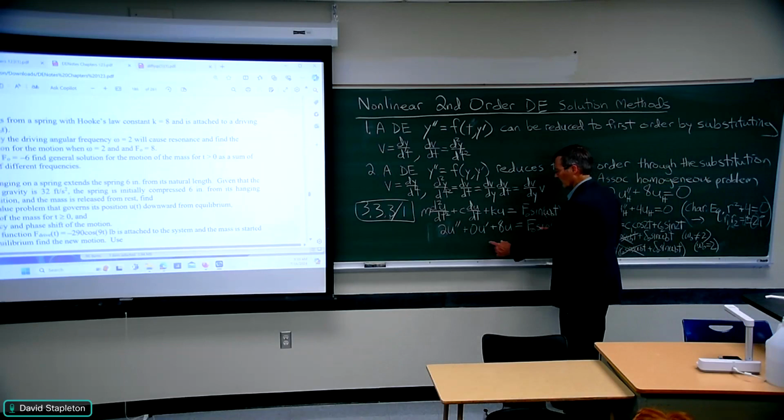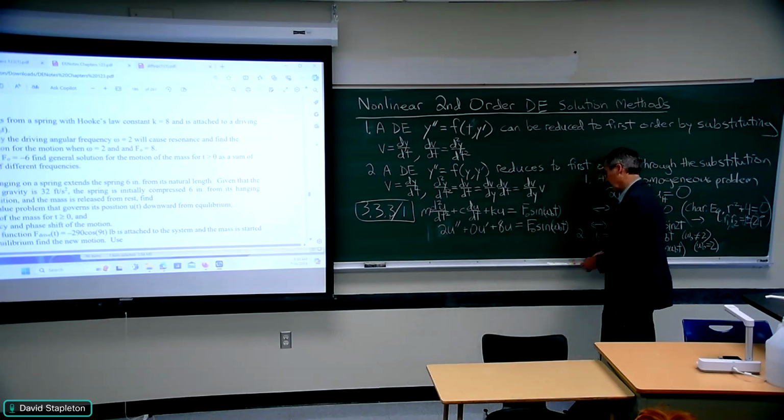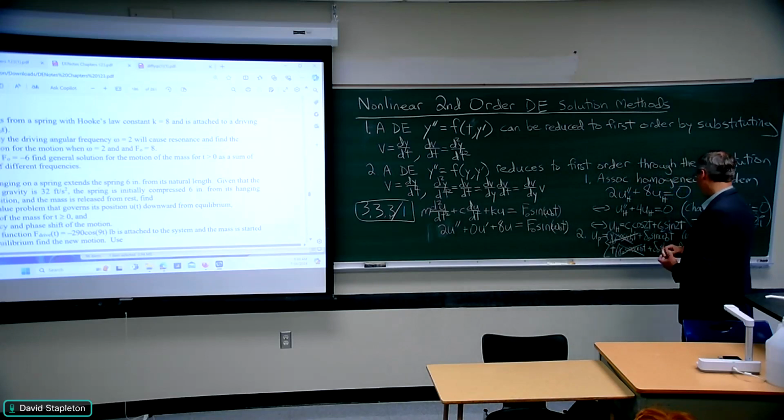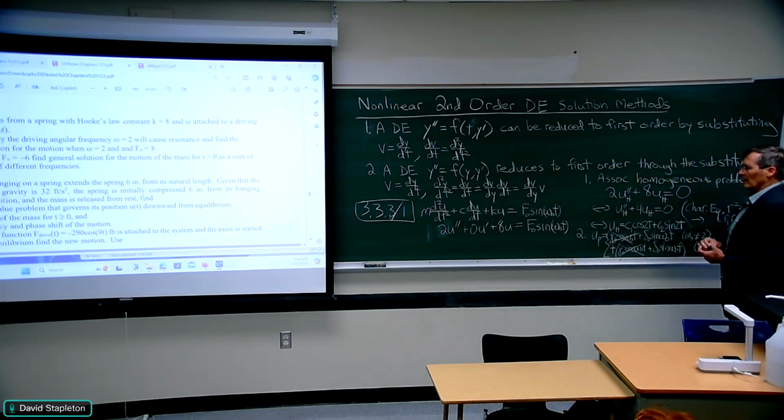The cosine terms contribute only to cosine on this side. They don't match the right-hand side, so their coefficient has to be 0. Okay, so the particular solutions are of this form.